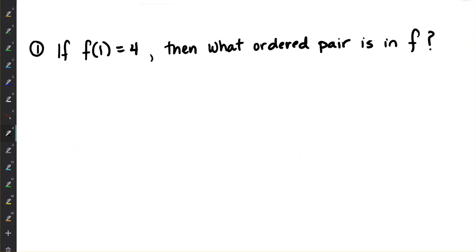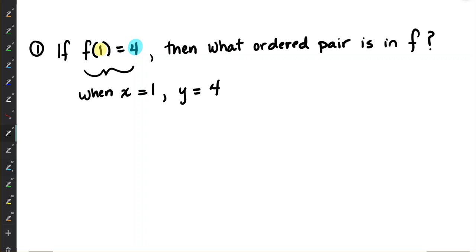Okay, so question 1 in the homework is, if f of 1 equals 4, then what ordered pair is in f? Now, this f of 1 is 4 is telling me that when x is 1, y is 4. That's what that means. When x equals 1, y equals 4.